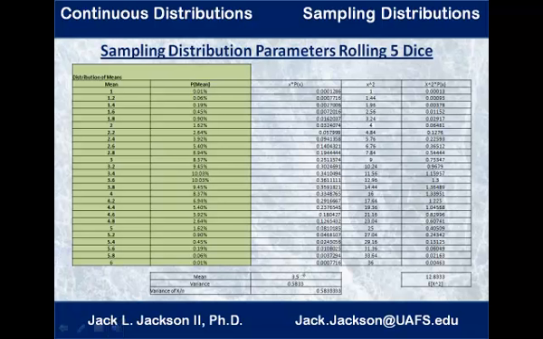And once again, the mean is 3.5, and the variance here is the same as the variance of the x's divided by 5, the sample size. And so we see the larger we get the sample size, the smaller the variance is going to be, the more consistently it's going to be grouped around the mean. And the more the sample size grows, the distribution of the sample means looks more and more like a normal.